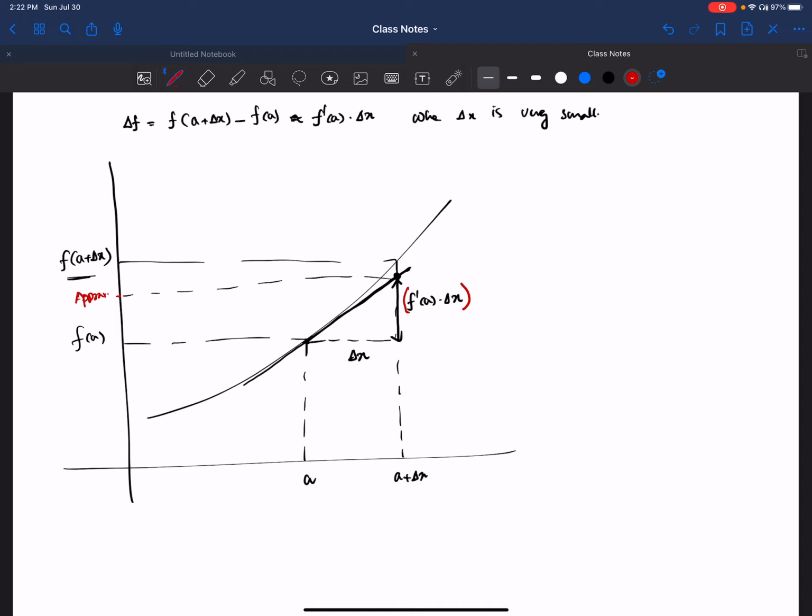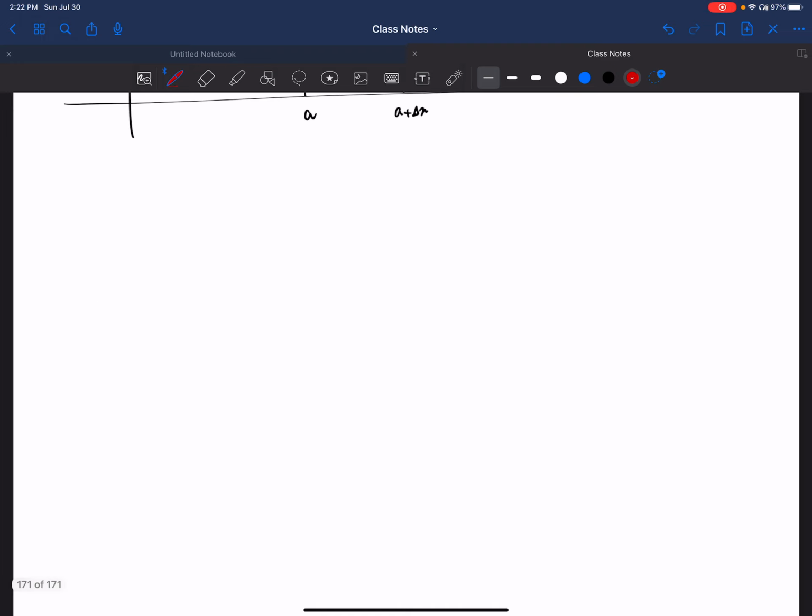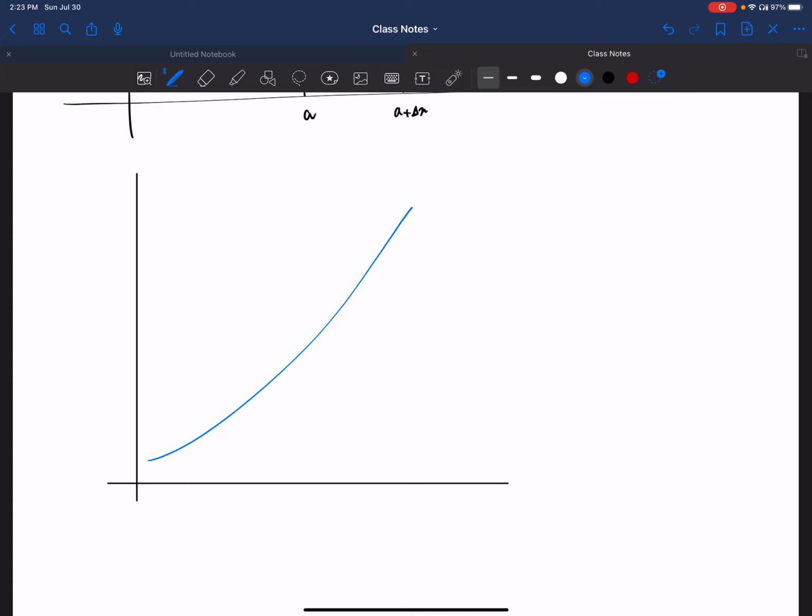Also, if I draw this graph again, I can show you that we can obtain a linearized function for any function f of x.